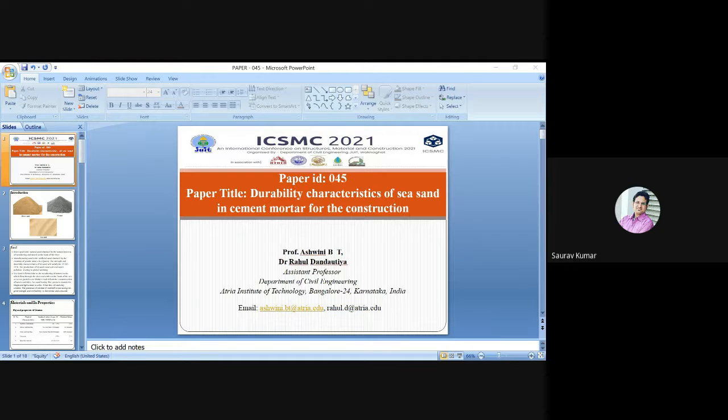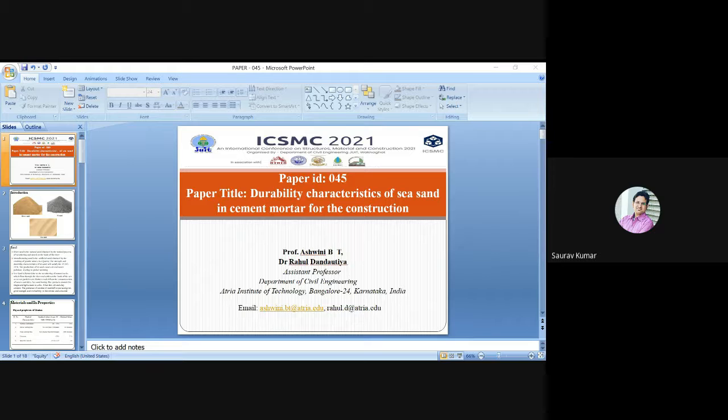Normally, river sand has properties like specific gravity, fineness, particle size distribution, bulk density, and silt content.